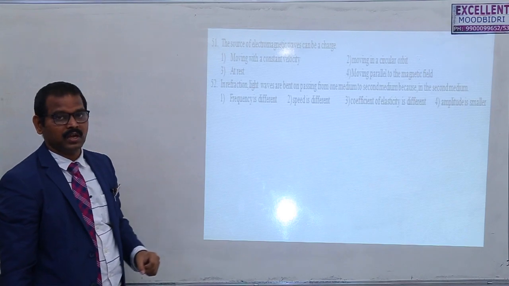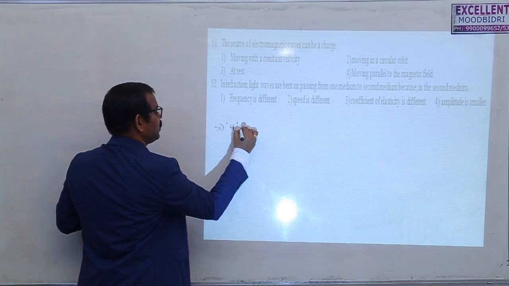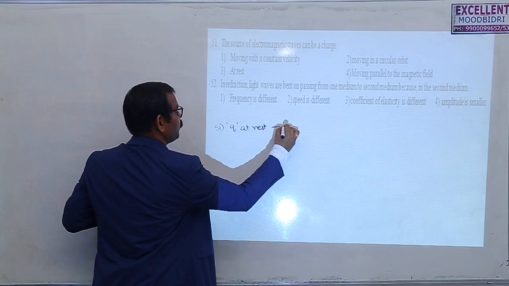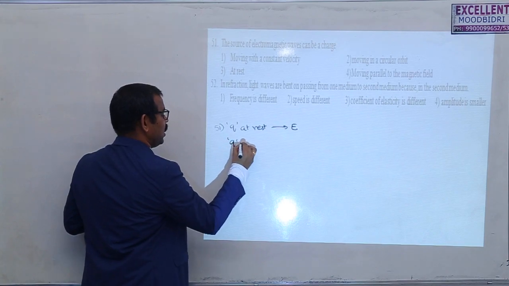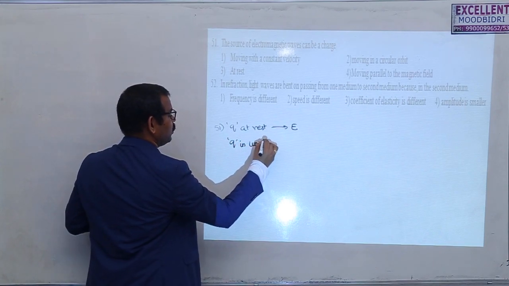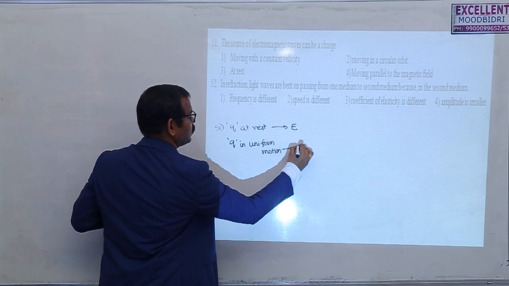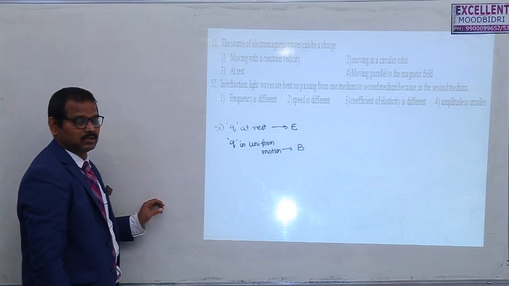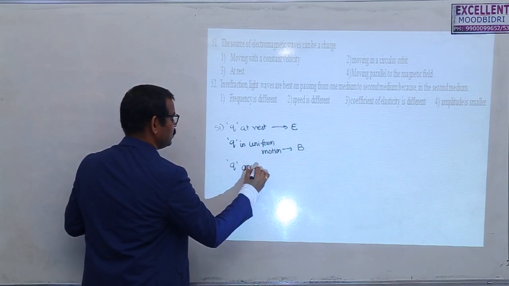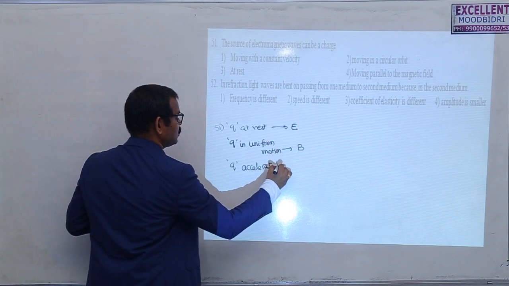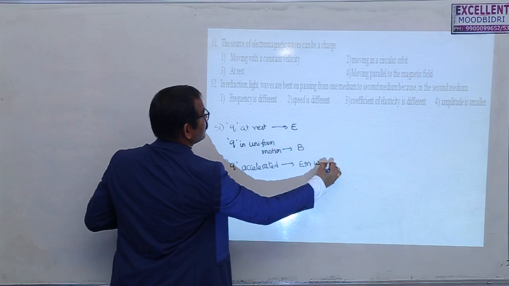The source of electromagnetic waves can be, remember, a charge at rest produces only electric field around it. Charge in uniform motion produces a magnetic field around the charge, but the accelerated charge will produce electromagnetic wave.